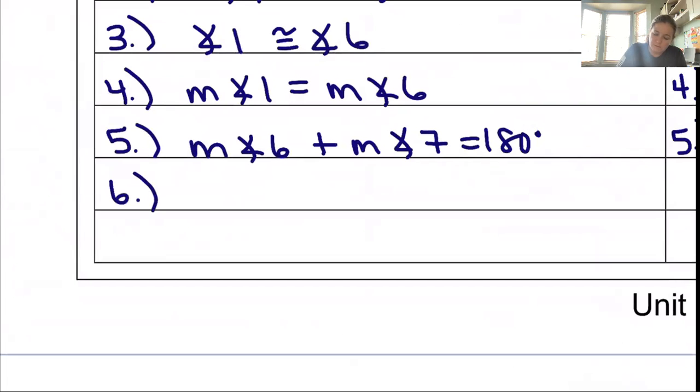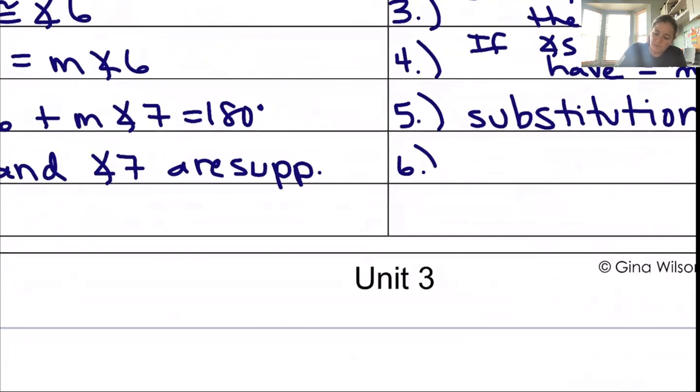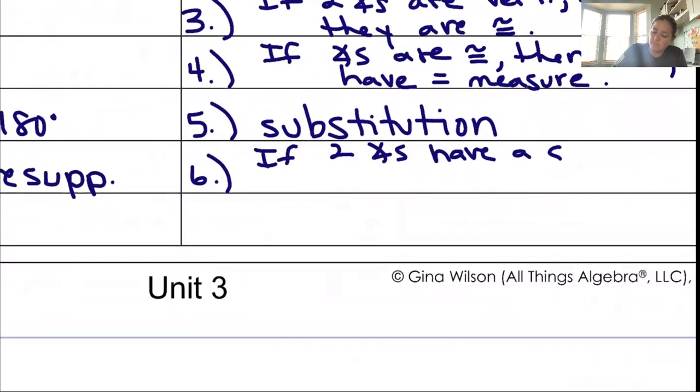And then angle 6 and angle 7 are supplementary. That's your definition of supplementary again. If two angles have a sum of 180, then they are supplementary.